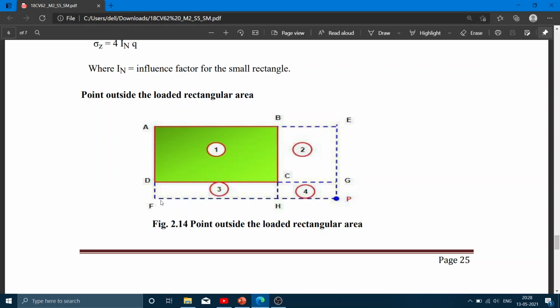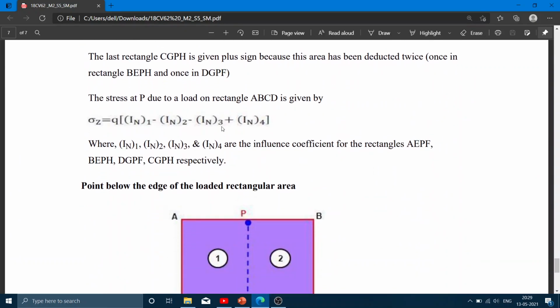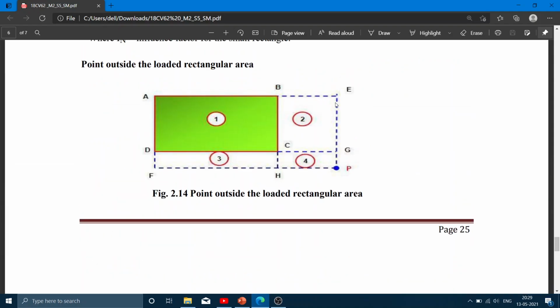The stress at P due to load on rectangle ABCD is given by sigma z equal to q into (In1 minus In2 minus In3 plus In4), where In1, In2, In3 and In4 are the influence coefficients for the rectangles AEPF, BEPH, DGPF and CGPH respectively.